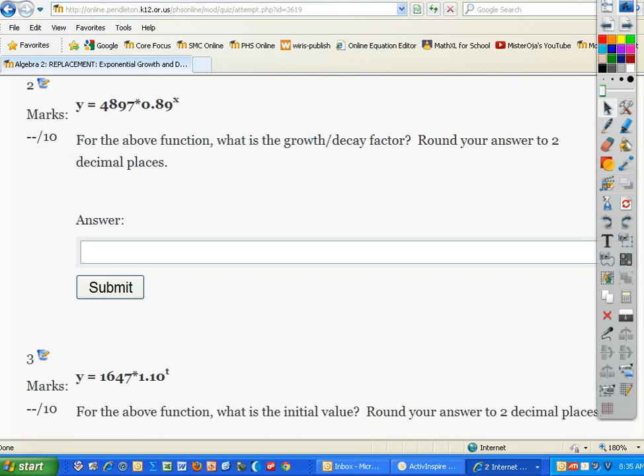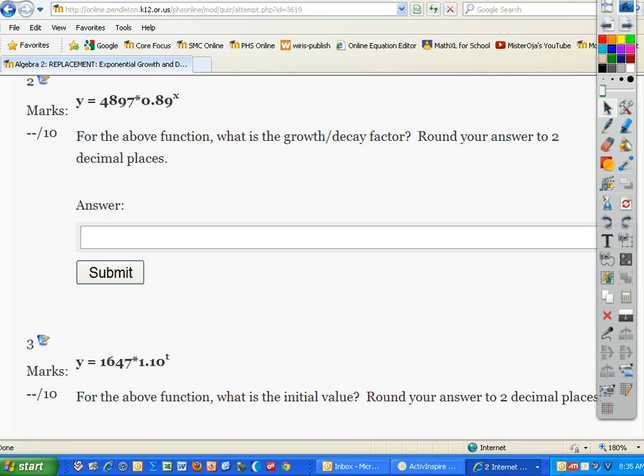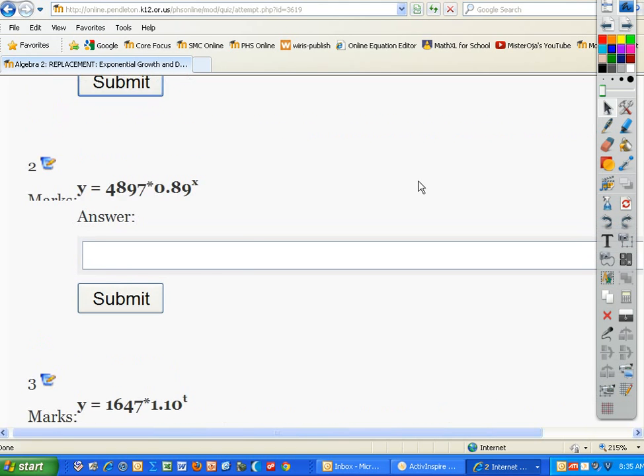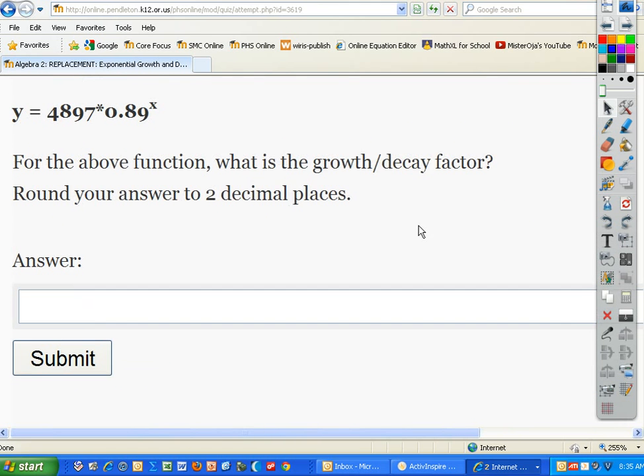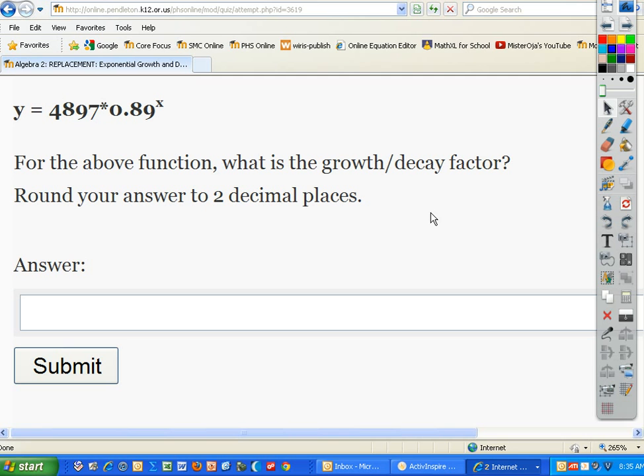All right, let's look at another one. Same question. The last one was clearly growth because it was getting bigger. What's the growth or decay factor here going to be? Compare this to y equals a times b to the x, where b is the growth or decay factor.